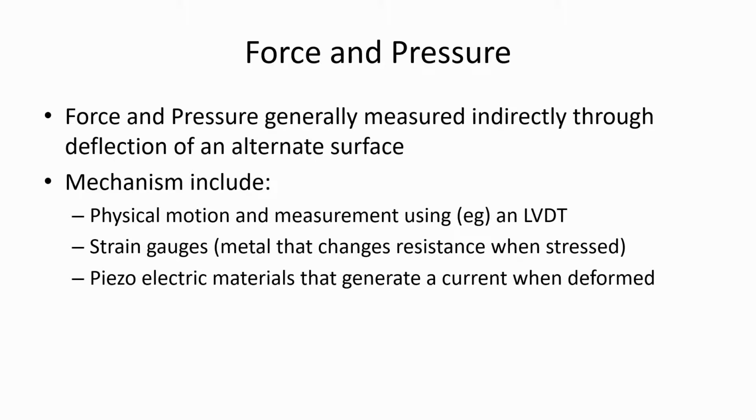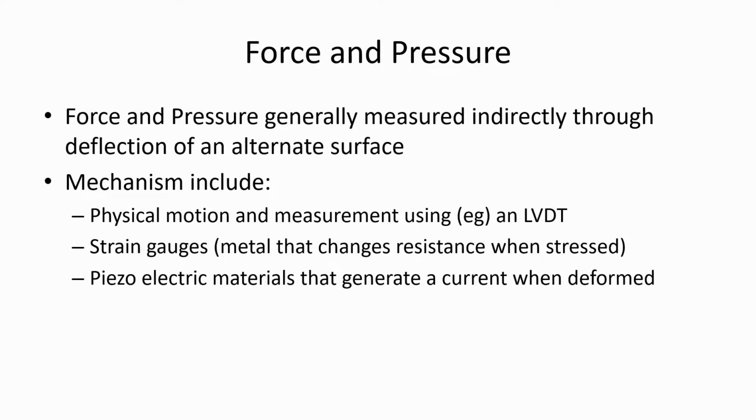This mechanism includes a physical motion and measurement, sometimes using an LVDT. Strain gauges can be used, where the metal changes resistance when stressed. Piezoelectric materials can also be used for sensing force and pressure.